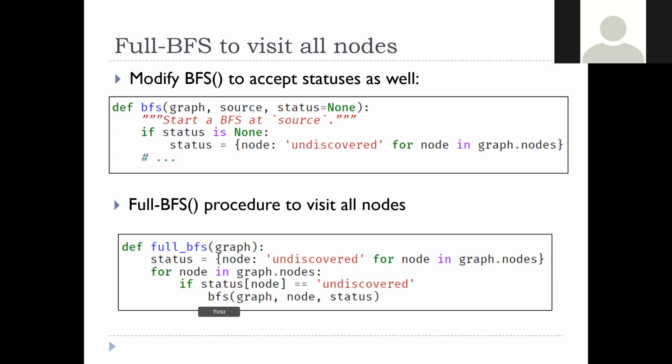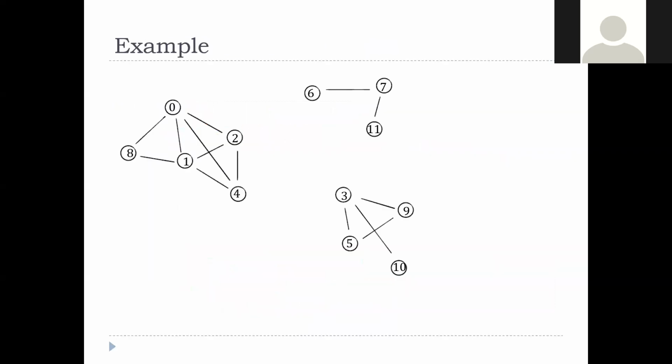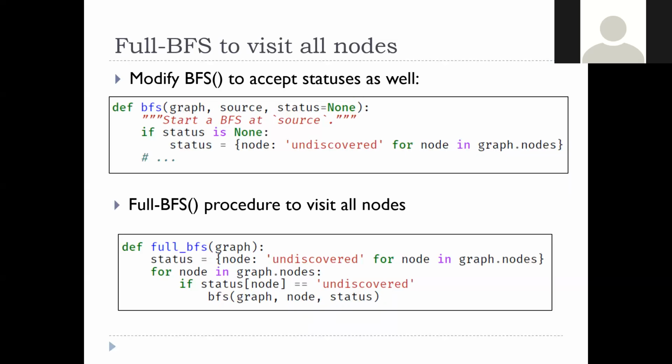All right, to make this more clear, let's use an example. By convention, in all the examples and homeworks and so on, if the graph nodes are indexed by numbers or letters, we usually assume that the order is from small to large.